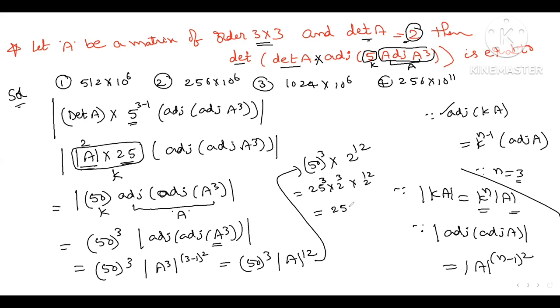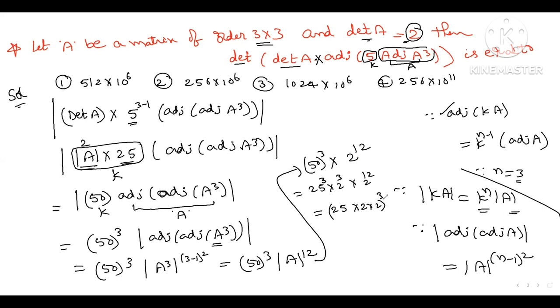25 into 2 into 2. 25 times 2 is 50, 50 times 2 is 100.